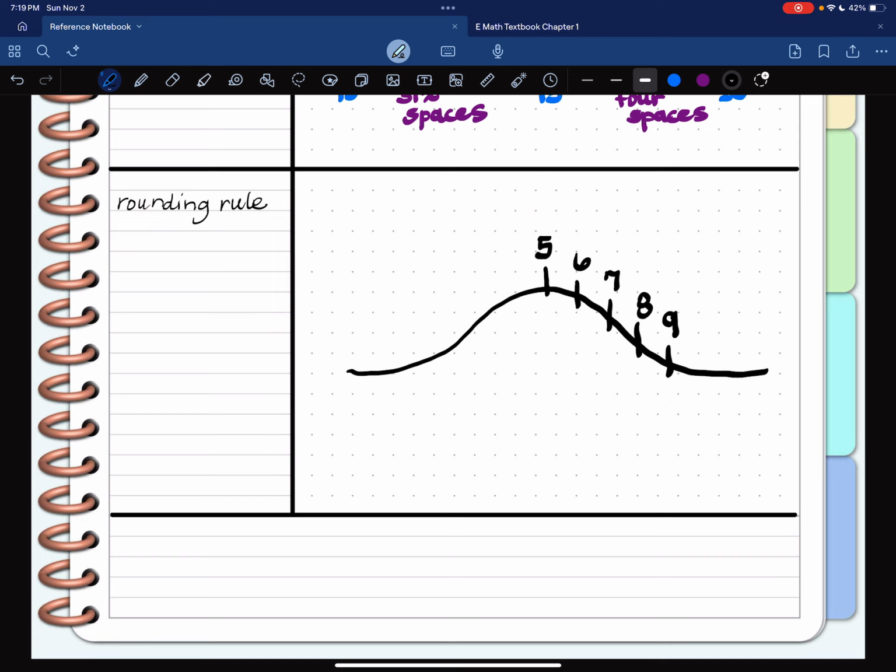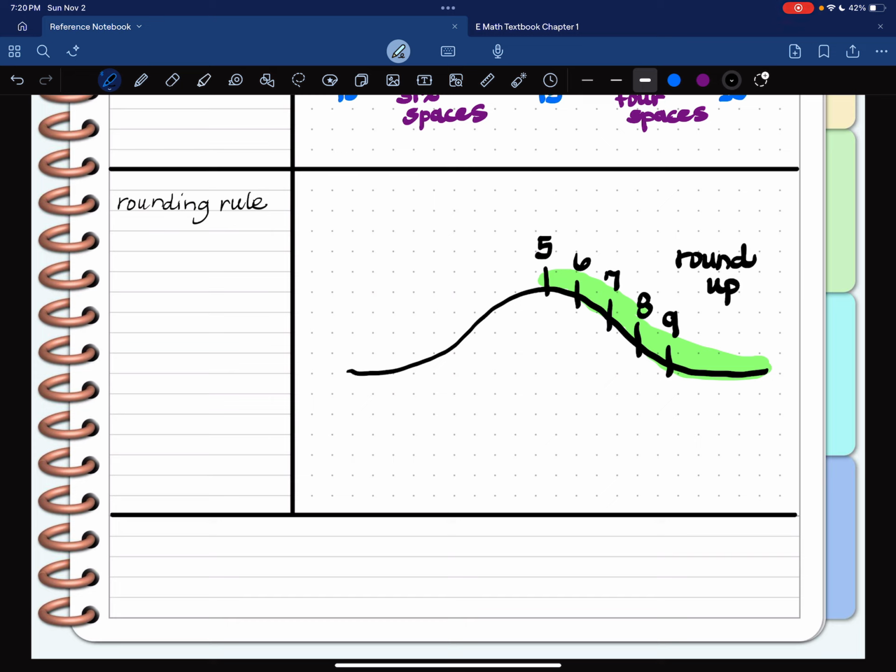So those digits 5 to 9 are going to go on the right side of the heel. And I'm highlighting it just so you can see it. This is going to be the round up side. So let's go ahead and put that there.